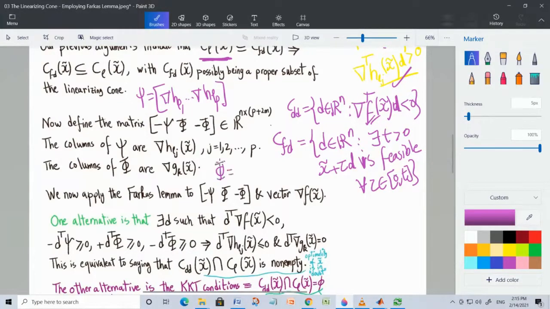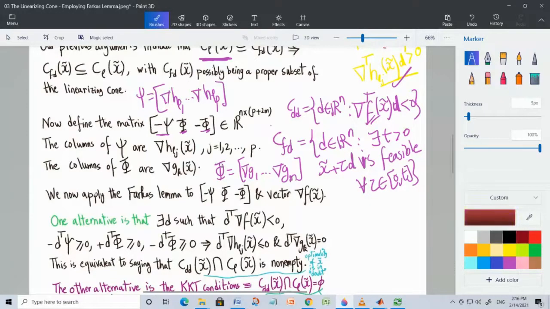The phi matrix is again a matrix whose columns are the gradients of the functions involved in the equality constraints, where we require every g to be equal to 0. We have m of them. What we'll do is define a matrix consisting of minus psi, phi, and minus phi. So how many columns do we have? We have p columns from here, m from here, and m from here, so we have p plus 2m columns. And so this is a matrix.